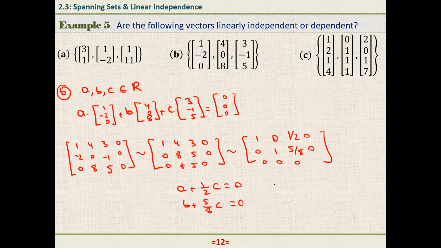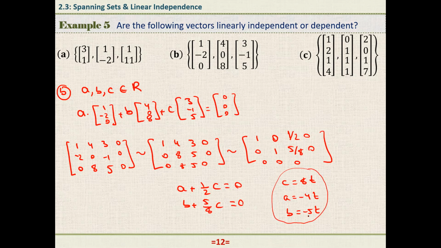If I just take this C as, let's say, 8T, this A will be minus 4T, and B will be minus 5T, right? And how many solutions does the system have? It has infinitely many solutions, right? If T equals 1, we have one solution.